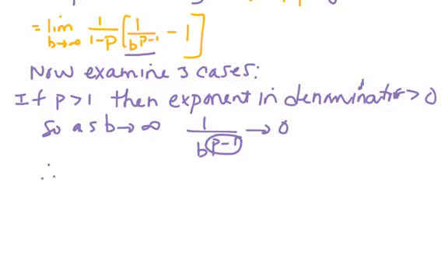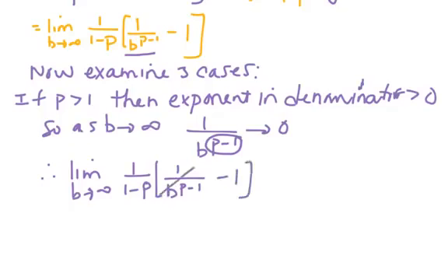So therefore, the limit as b goes to infinity of 1 over 1 minus p times 1 over b to the p minus 1 goes to 0, as shown above.